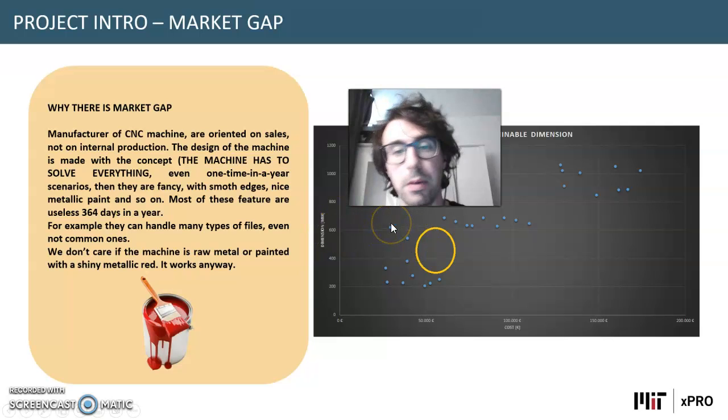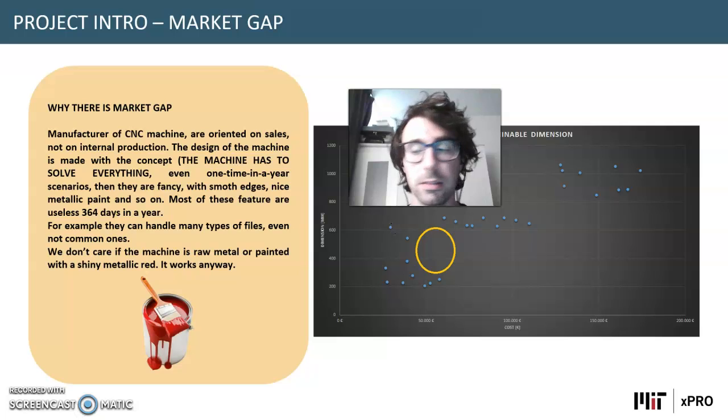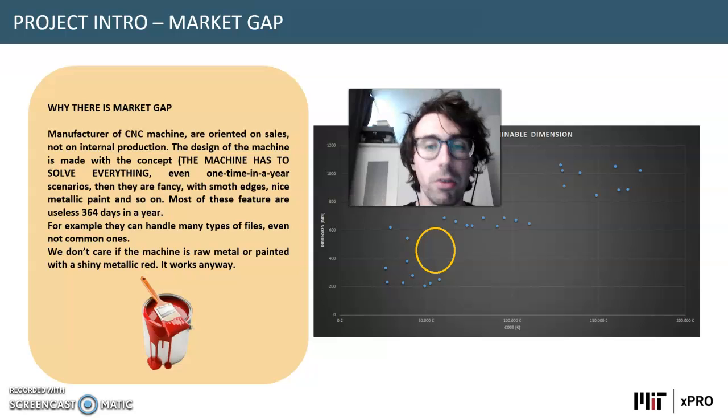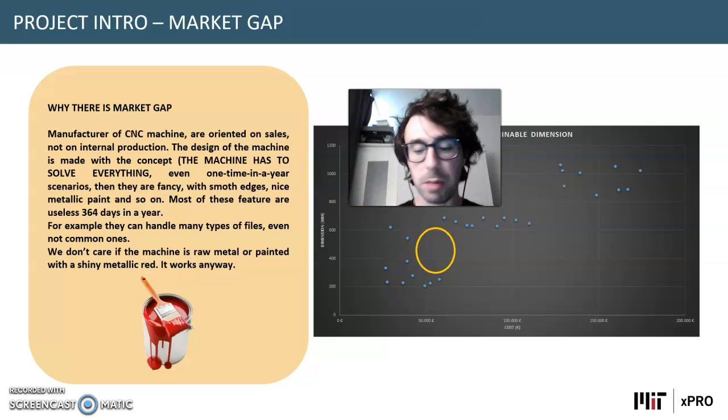Why is there this gap? The producers of machines have to sell the machine. So a machine has to be beautiful, has to be shiny, painted with metallic color, with the logo engraved on it, and then they want to implement a lot of features.